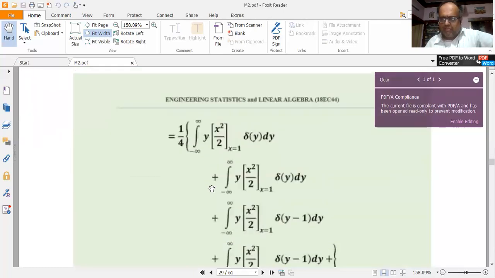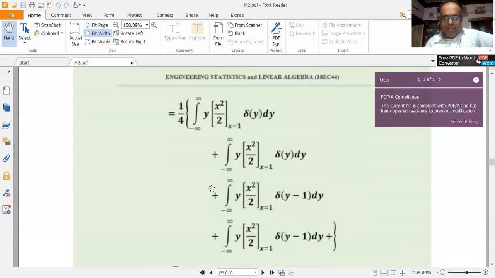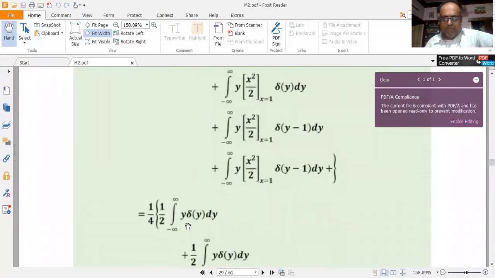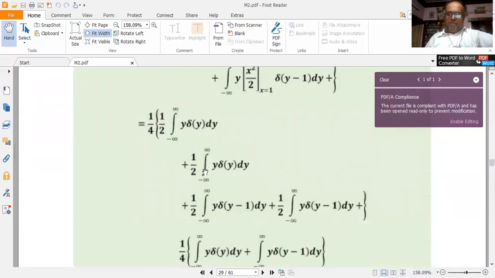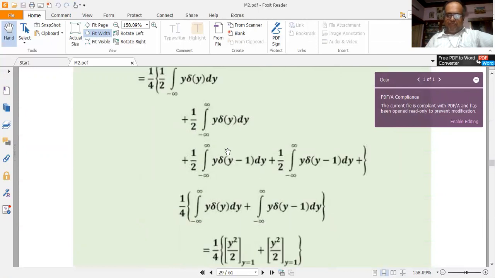Here it's just mathematics, okay? So this becomes 1 by 4 into 1 by 2 integral from minus infinity to plus infinity of y delta of y dy, plus half integral of y delta of y dy, plus half integral of y delta of y minus 1 dy, plus half integral of y delta of y minus 1 dy.